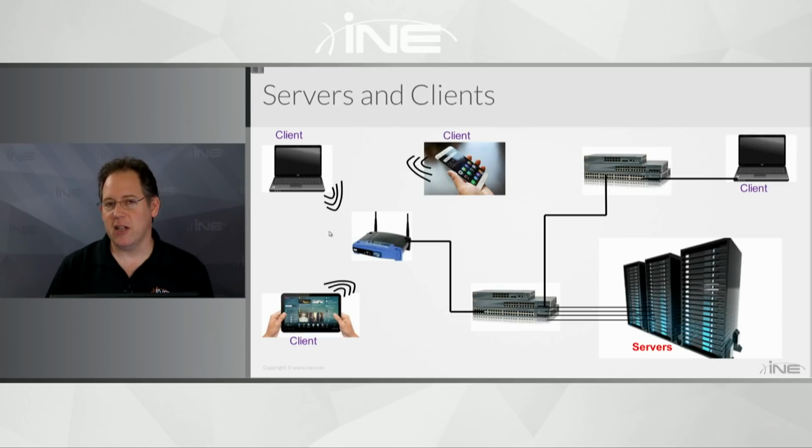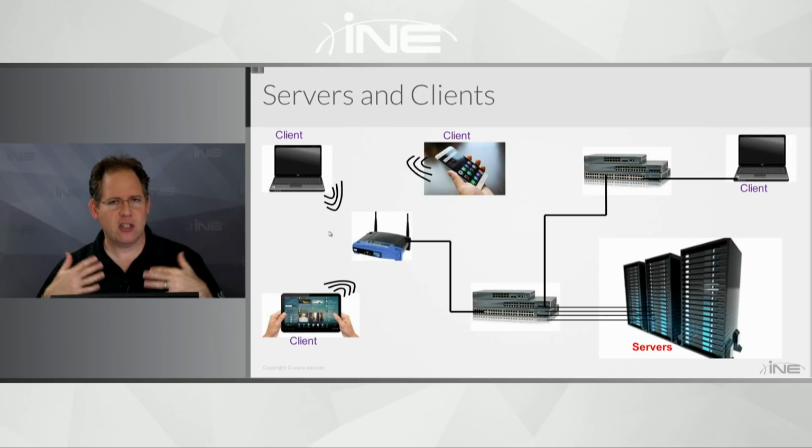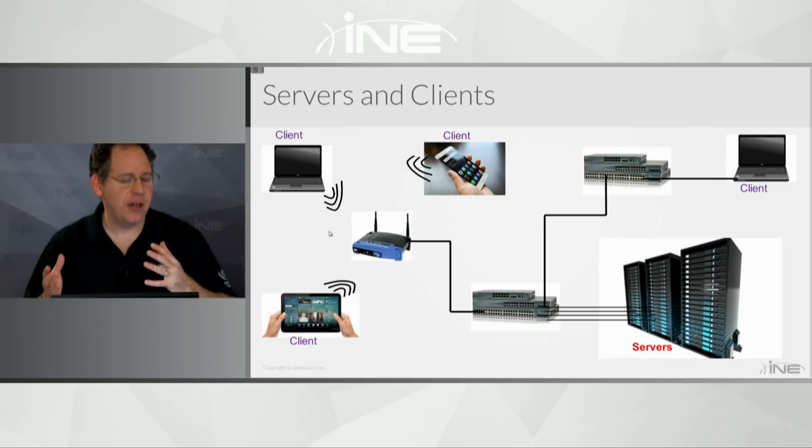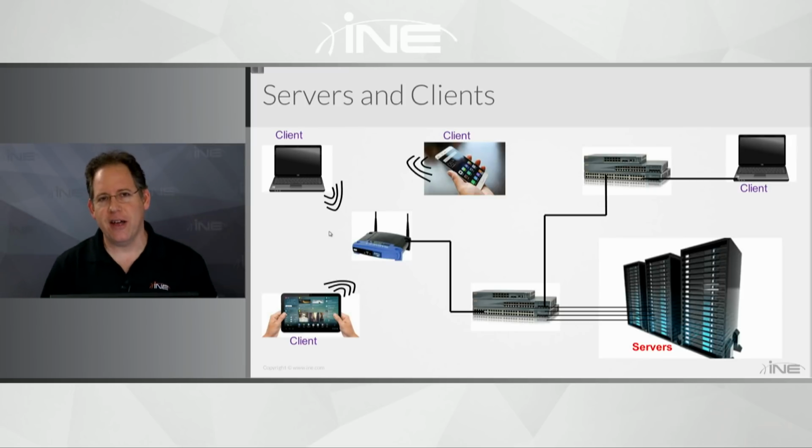And like I mentioned in the last video, a server is like a client. Physically, it might look the same, but a server has a lot more memory, a lot more processing power. The brain or CPU or intelligence of a server is much faster, much more powerful than a client. So for that reason, we can store a lot more data on a server and we can access that data much more quickly on a server.